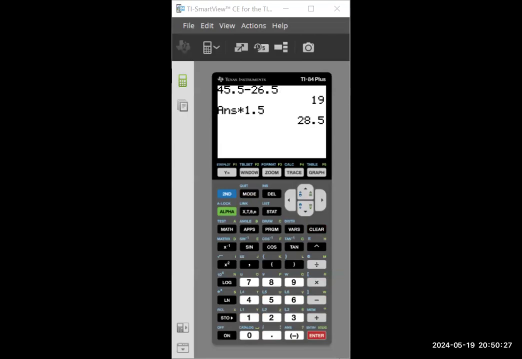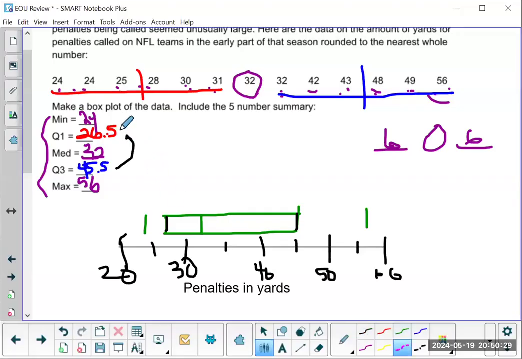So just so we see what we're doing, I'm going to subtract 28.5 from here, and I'm going to add 28.5 to here. When I do 26.5 minus 28.5, I'm going to get into the negatives, which isn't possible for penalty yards.